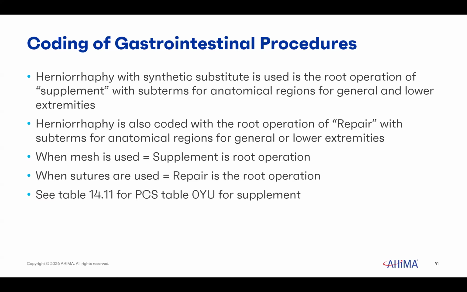If mesh is being used, it's a supplement, right? We're just supporting what's already there. If we're using sutures, we're repairing. And then repair would be the root operation. You may want to review table 14.11 in your text for the PCS table 0YU.